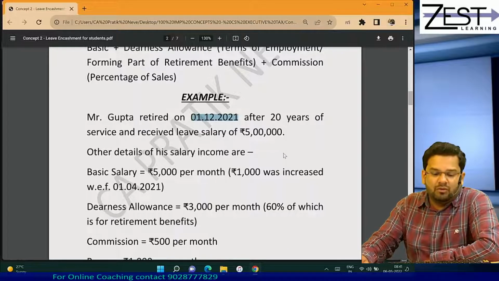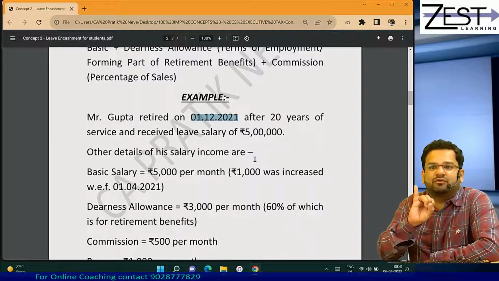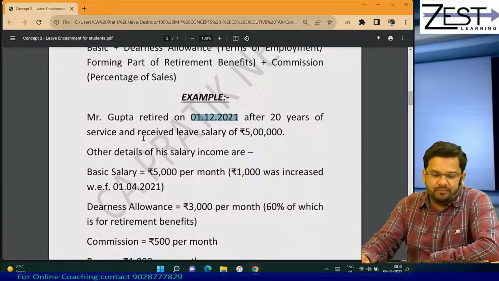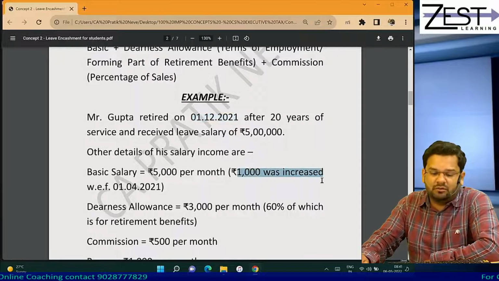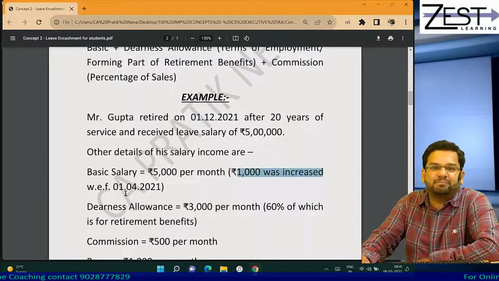For the first 2 months, Feb and March, the salary must be 4,000 per month, because 1,000 was increased with effect from 1st April.